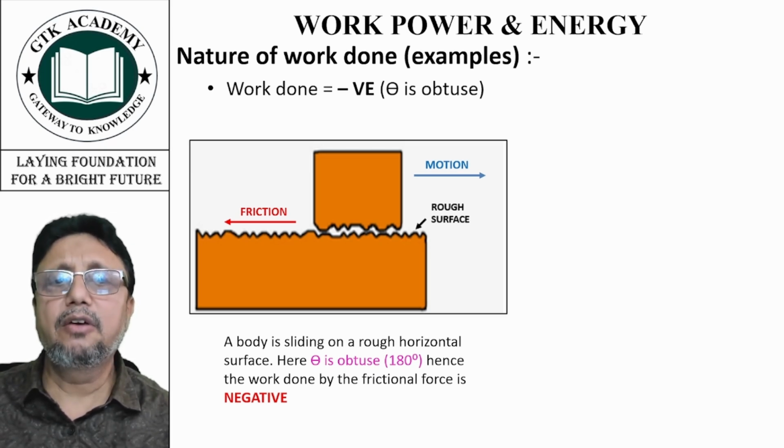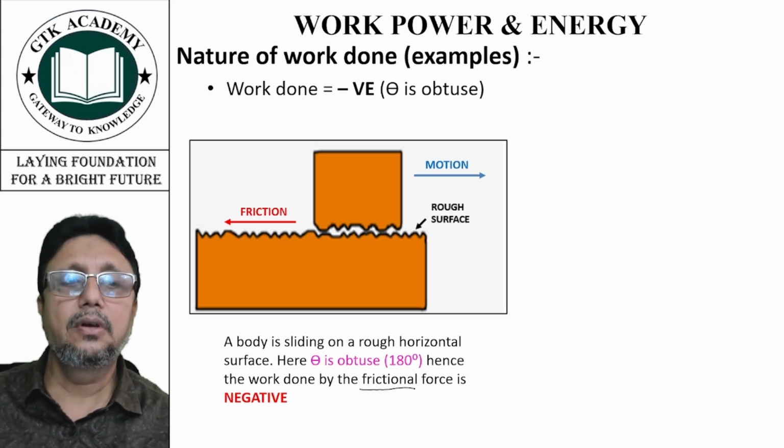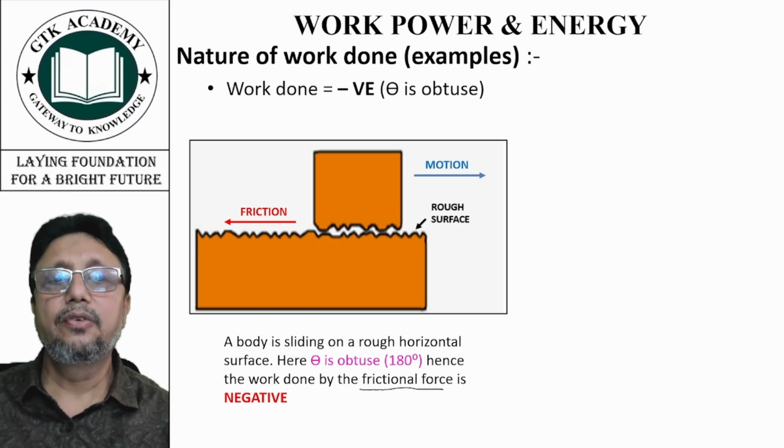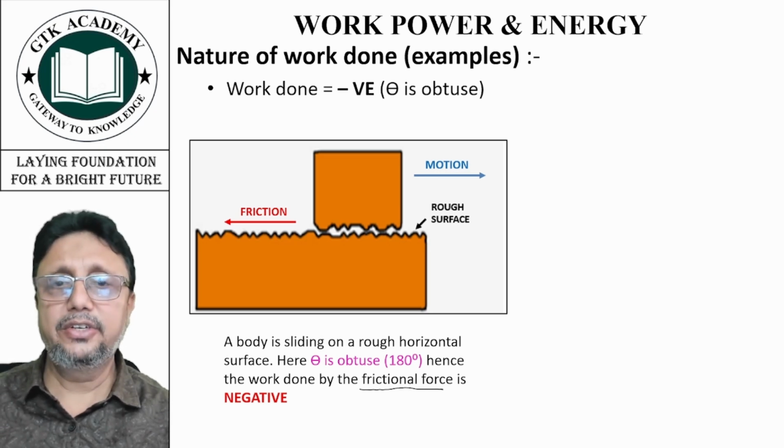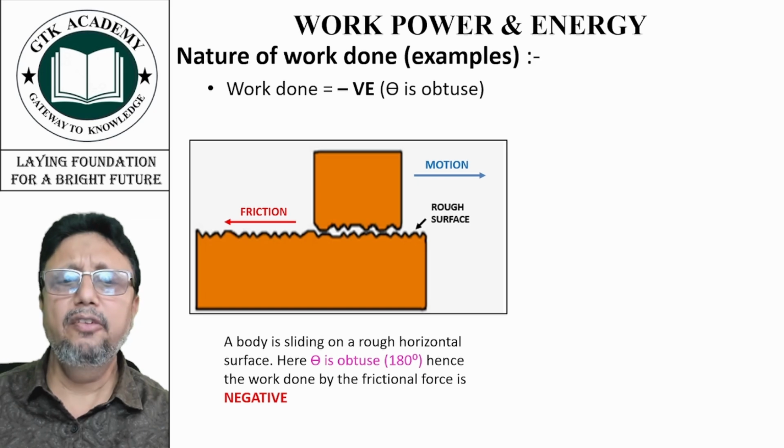So the angle between the friction and the displacement is obtuse, which is 180 degree in this case. So work done by the frictional force is negative, but work done against the frictional force will be positive.